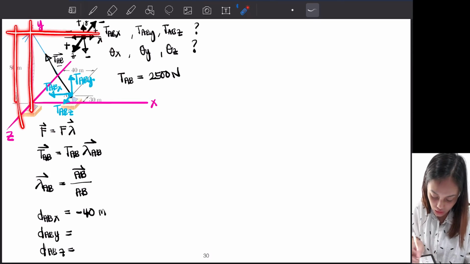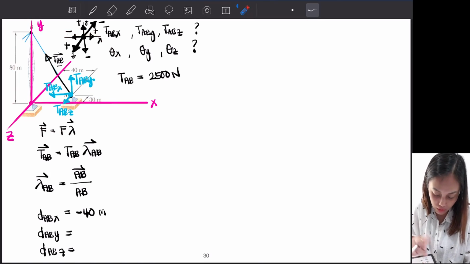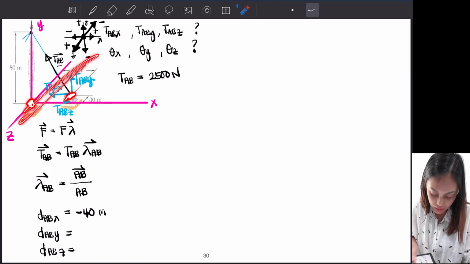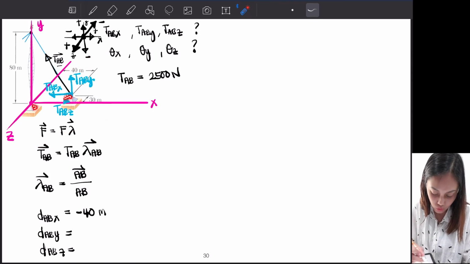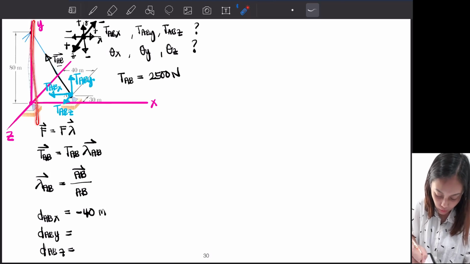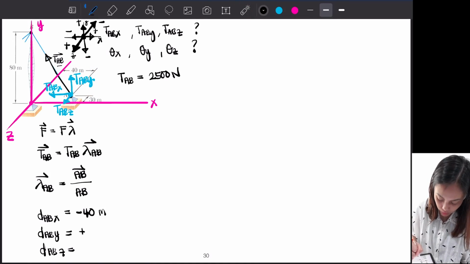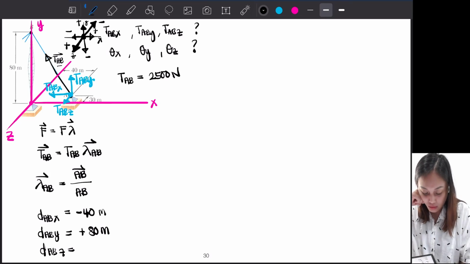So, the distance of A. It is flat, since it is acting along the xz plane. Flat. Look at the figure. So, from point A to point B along y-axis, going up is TABy. So, this distance is positive 80 meters.